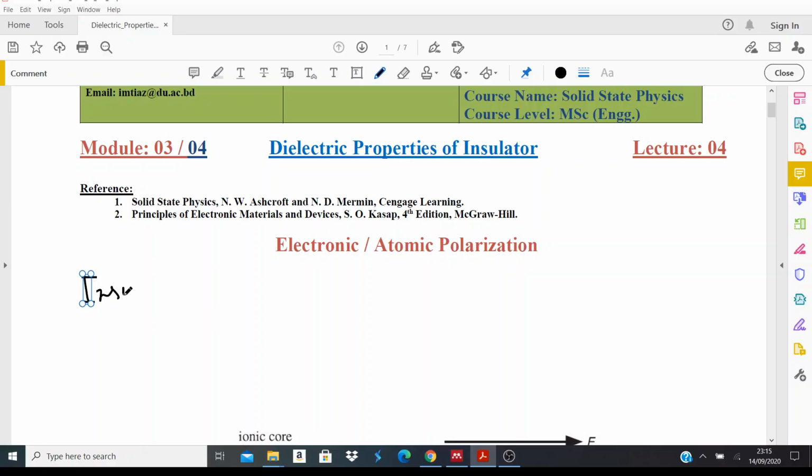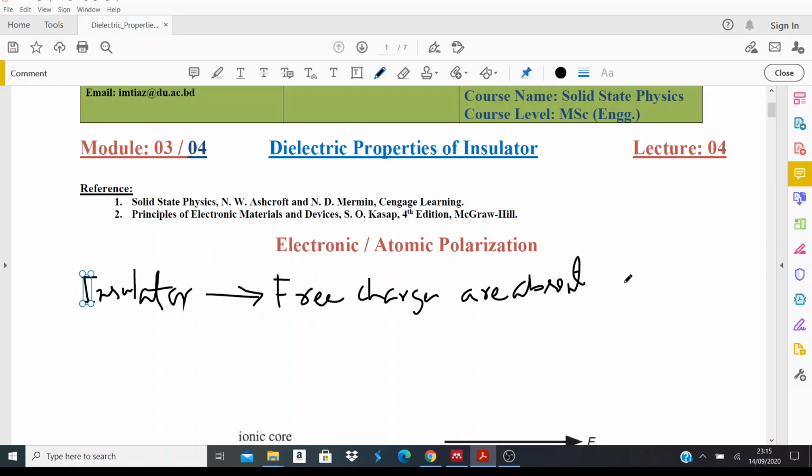So let's say we have an insulator. What it means is that free charges are absent, right? Inside the insulator we don't have any free charge.